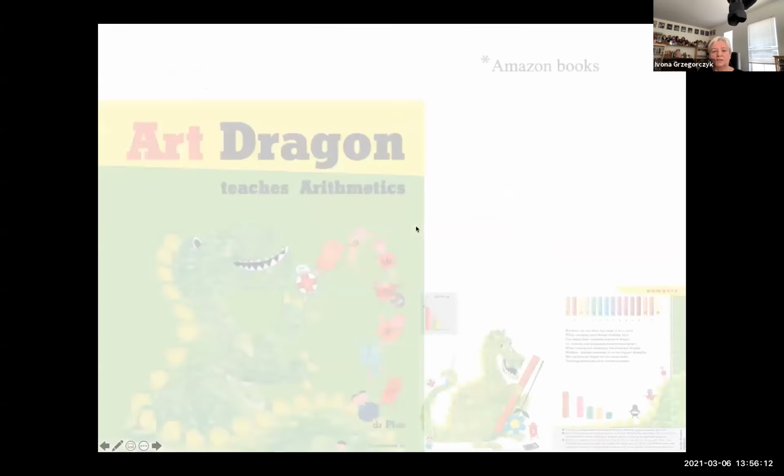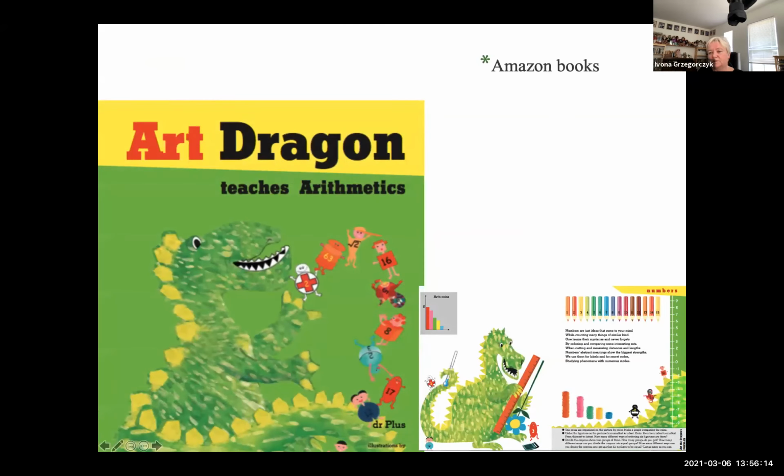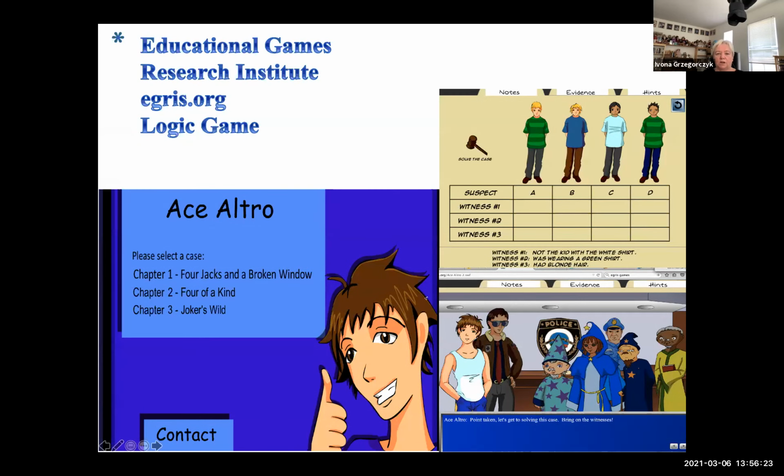There is also the one about numbers. So this is really foundational, starts with easy, but goes to infinity and so on. And these are all poems. We also have a logic game, which actually I was told that they're renovating, so it doesn't work at the moment. But the group is Educational Games Research Institute, EGRIS, egris.org.